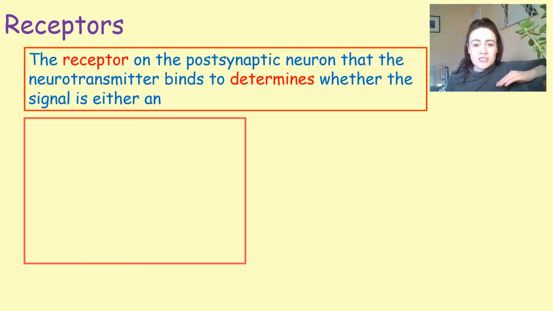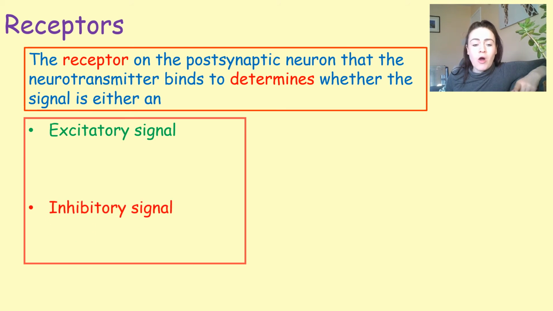Now the actual response of the neuron that's receiving the signal depends on the receptors that are actually activated. It's not the neurotransmitter that determines what the signal does, it's actually the receptor that it binds to. So those receptors can either cause an excitatory signal or they can cause an inhibitory signal.